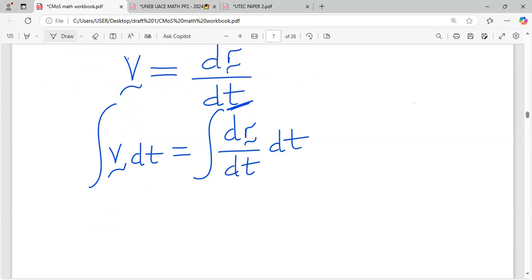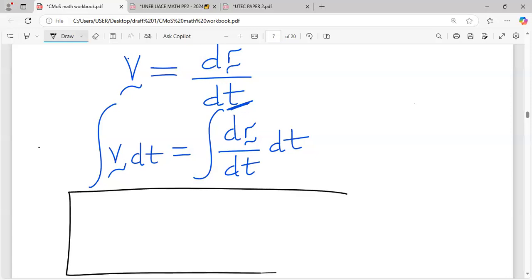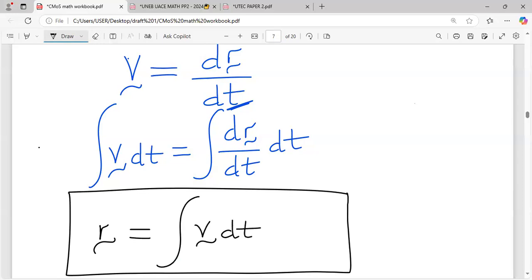A good student of integration can actually tell from this, come up with something that says displacement r is the integral of velocity with respect to time. A good student of integration can actually tell that r is the integral of velocity with respect to time.